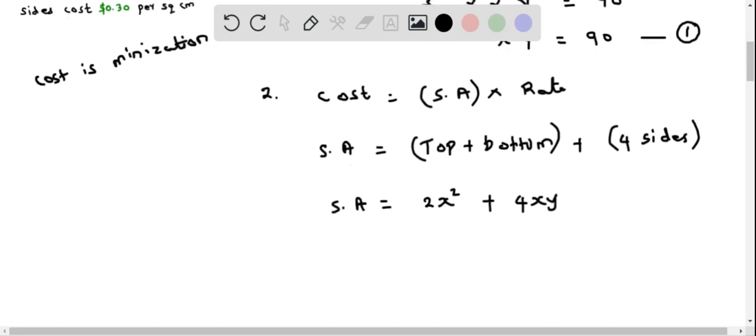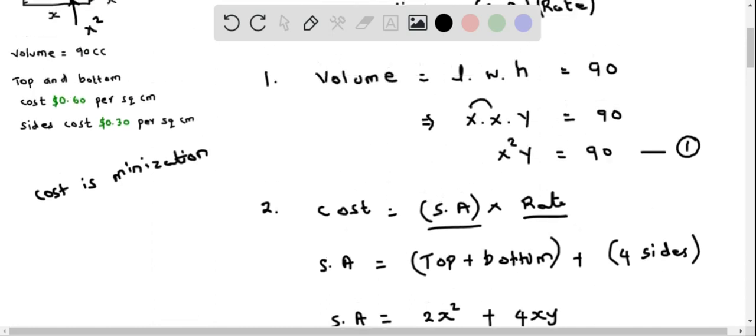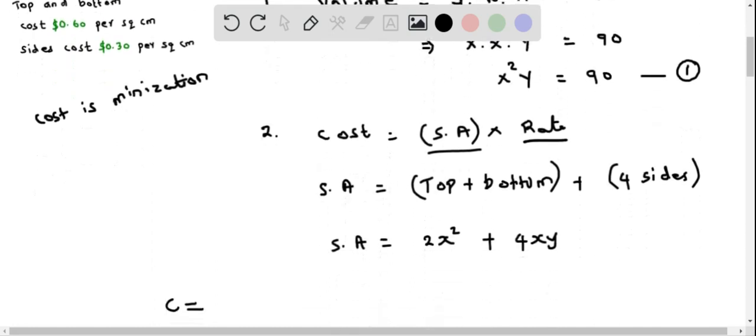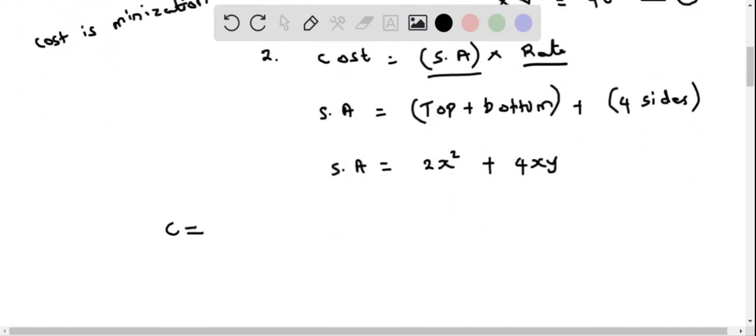Now let's write the cost equation. Let C represent the cost, and this equals surface area times rate. From the question, we understand that the rate is given separately for top and bottom as well as for sides. So this represents the area of the top and bottom, which we have to multiply by its rate.